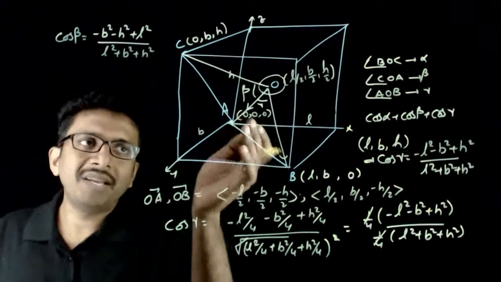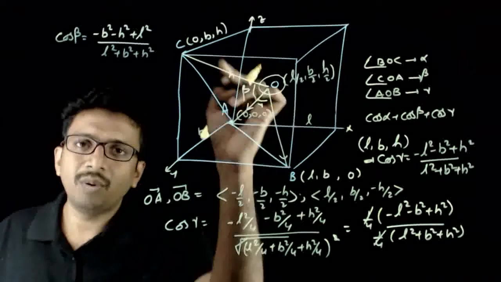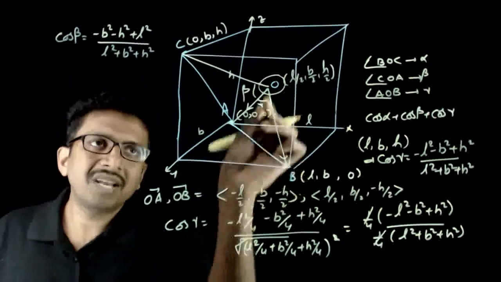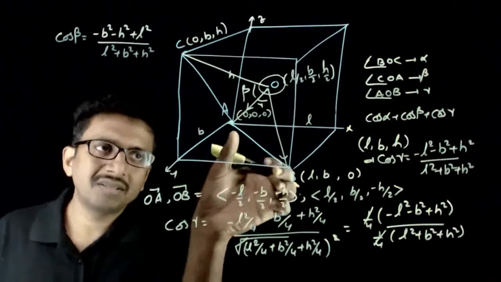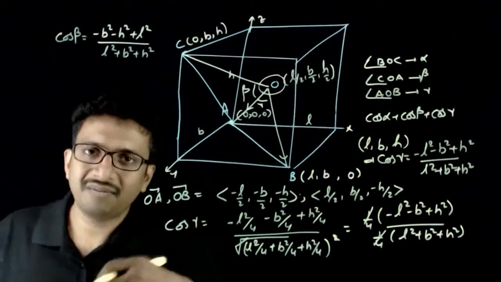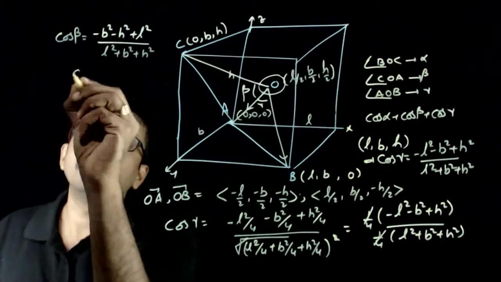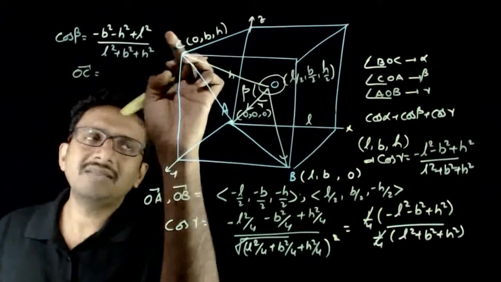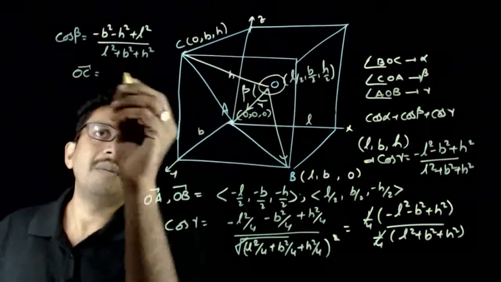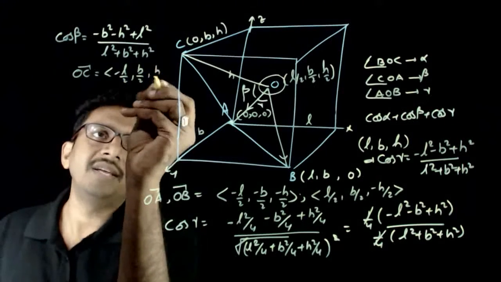Now what is remaining is cos alpha, the angle between B, O and C. This looks slightly unsymmetric because you have a face diagonal coming here, so let us check whether it follows the same pattern. OC bar is C minus O, that is minus L by 2, B by 2 and H by 2.